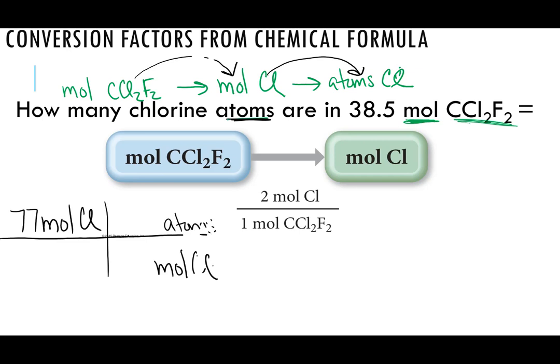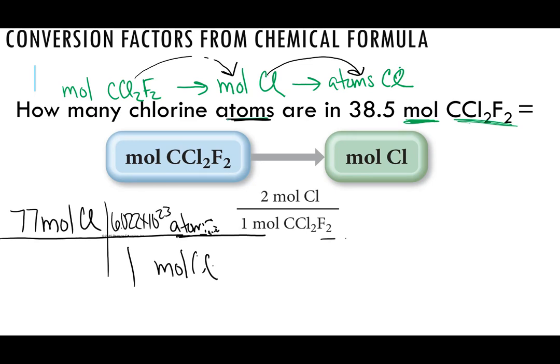Atoms on the top. I don't know why my pen's breaking up. It says atoms. Okay. So again, 1 mole goes with mole. And what number goes with atoms? Avogadro's number.